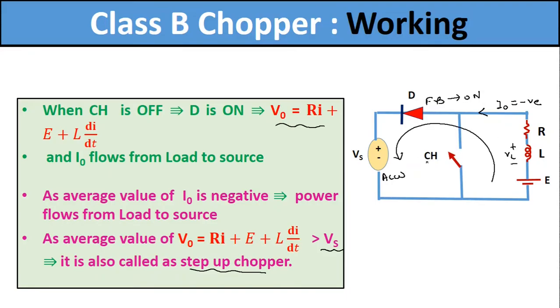Therefore we can conclude that in the Class B chopper the average value of load current is negative as the power is flowing from load to source. Therefore this type of chopper will operate in the second quadrant because the load voltage is positive but the load current will be negative in the Class B chopper.